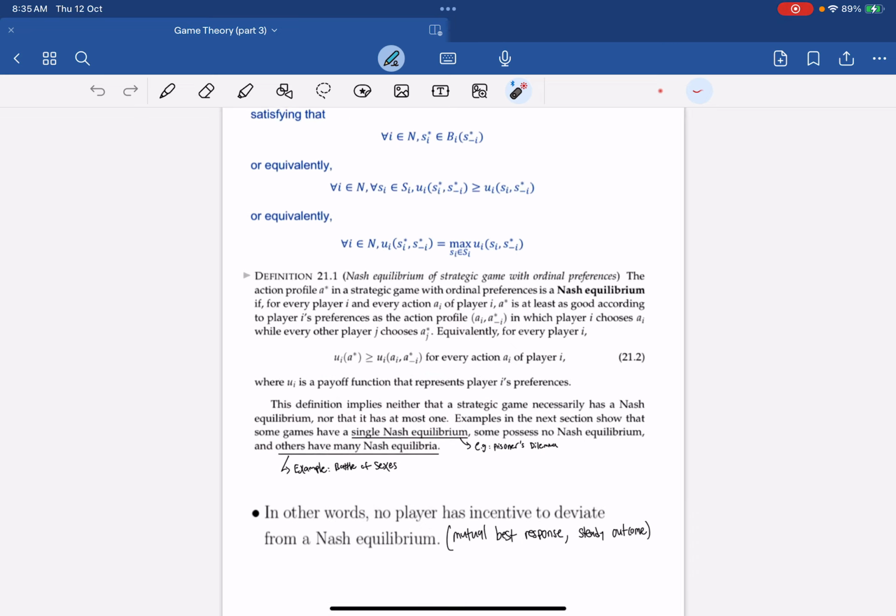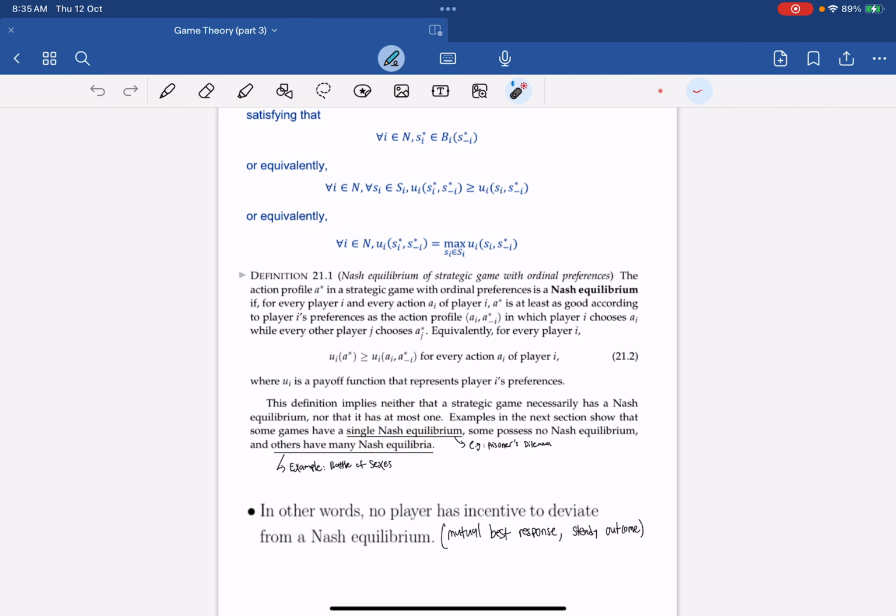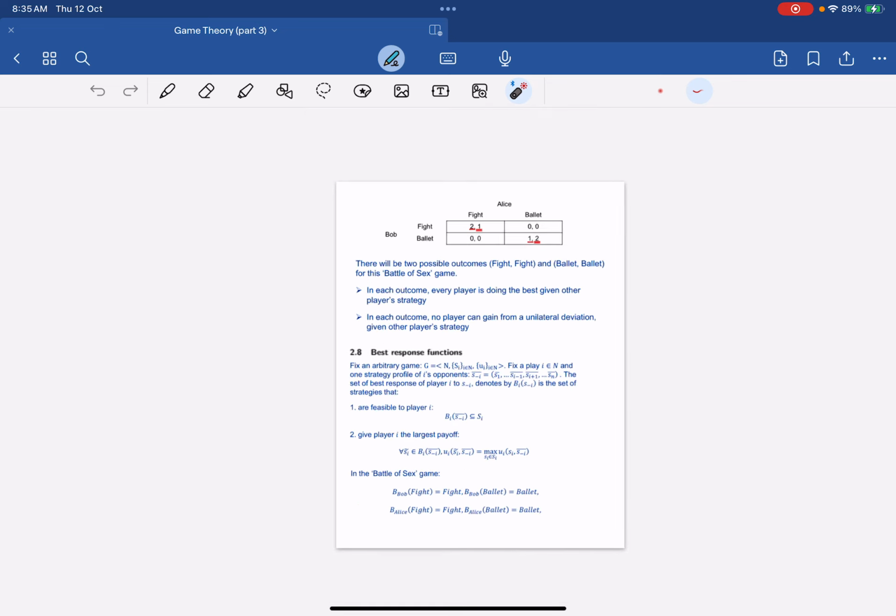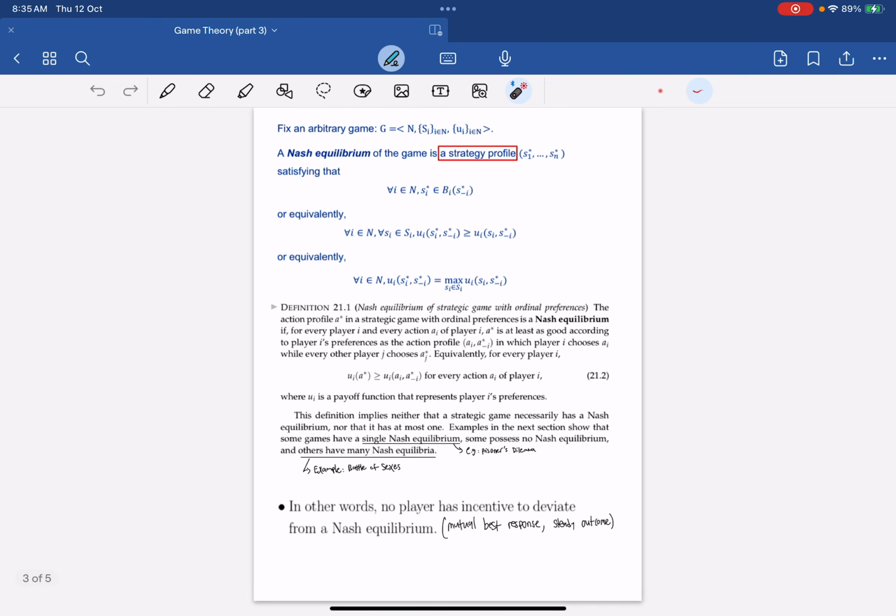It is possible for some games to have a single Nash equilibrium, like the Prisoner's Dilemma, while in the Battle of the Sexes you have multiple Nash equilibria. And there are even some games without a Nash equilibrium. So what's important to note is that a Nash equilibrium is just a state where both of you choose an action, and that action is the best response to each other's action. So there's no incentive to deviate from one another.